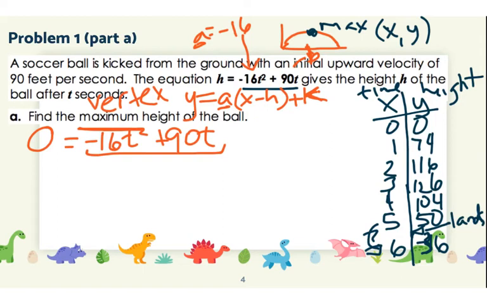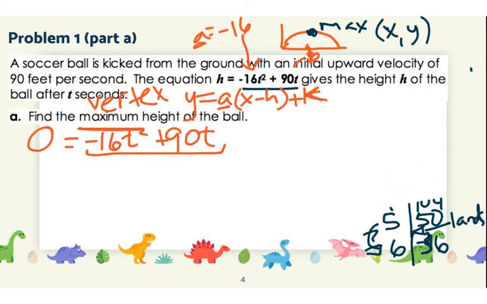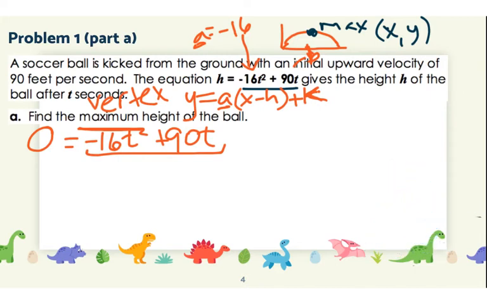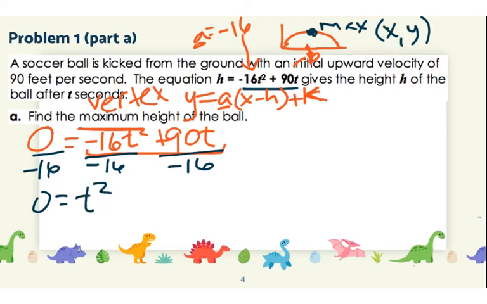So let's figure out what we need to do to complete the square. I'm just going to erase this for a minute. Okay, so first thing I'm going to do actually is just get rid of the a for now. All right, so that keeps this as 0. That will just give me t squared.